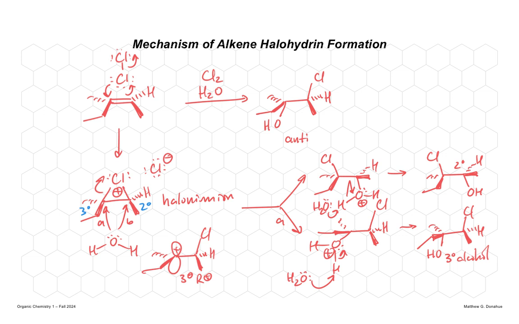So I like to think of it as opening from the halonium so that you can still get the trans or the anti-addition. If you think of it this way, there is a possibility that it can rotate, and then again your ethyl group would be behind and your methyl group would be in front. It's more like a transition state.